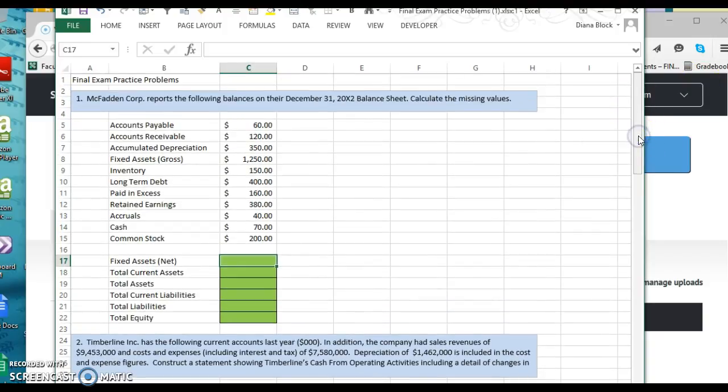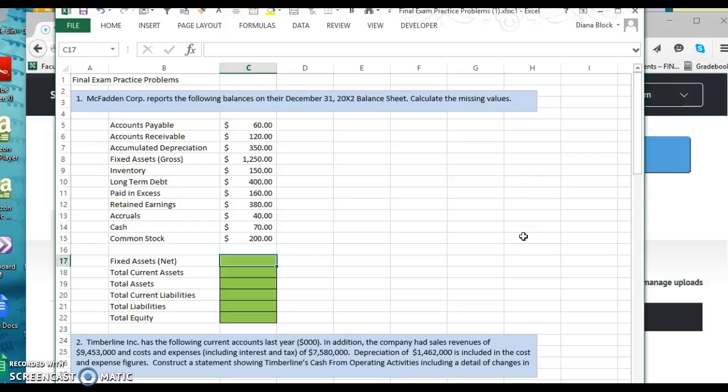But some of the things that you're going to review on the practice sheet are using information off of the balance sheets and off of the other financial statements like the income statement. So this first example problem that you see here is just asking you to put together some of the missing information using the information that you have here.